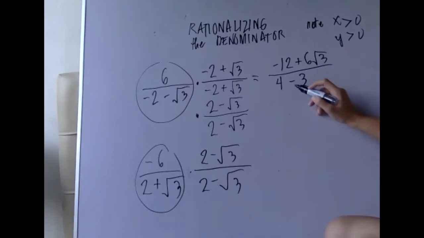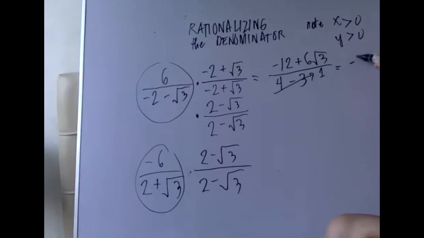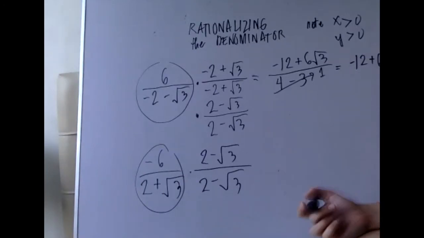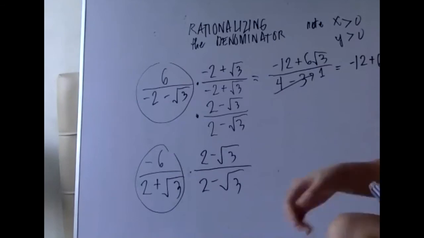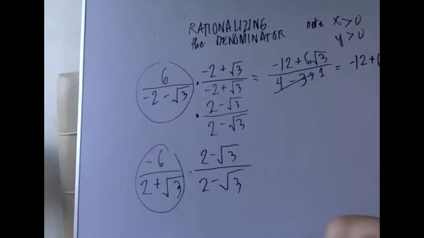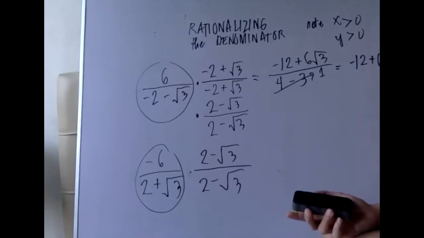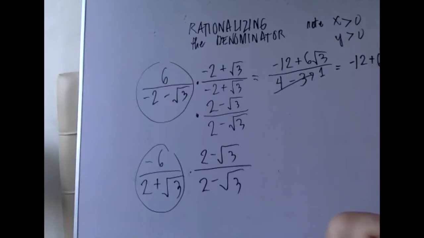Here, yung baba magiging equal lang sa 1, 4 minus 3. So, ang final answer natin is negative 12 plus 6 square root of 3. Tama ba? Yeah. Okay. So, kung gusto nyo ito i-try, dapat pareho yung sagot. Para lang maintindihan nyo na yung concept behind it. It's just yung difference of two squares.